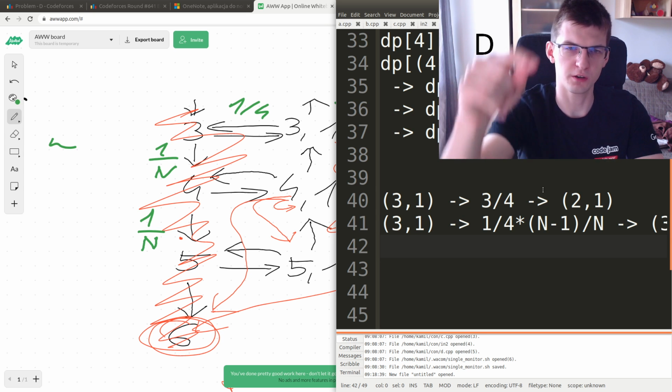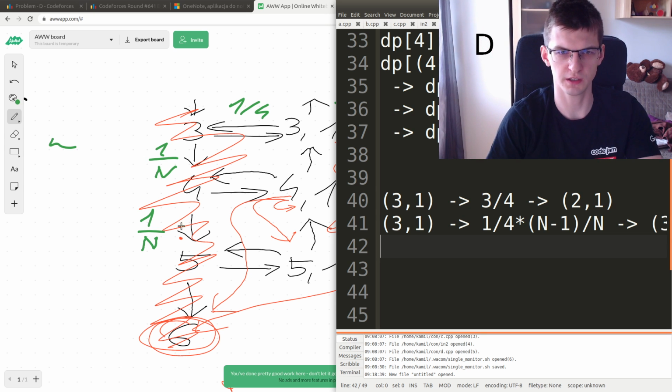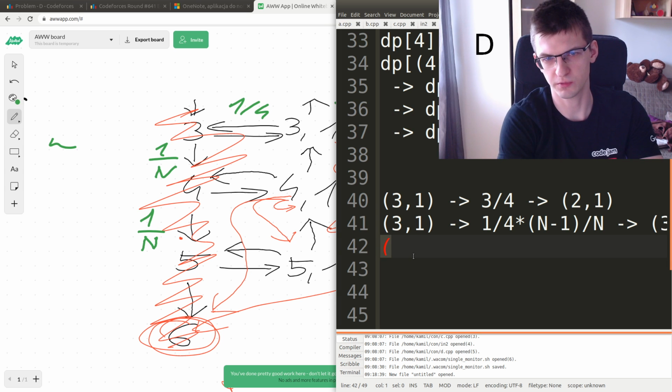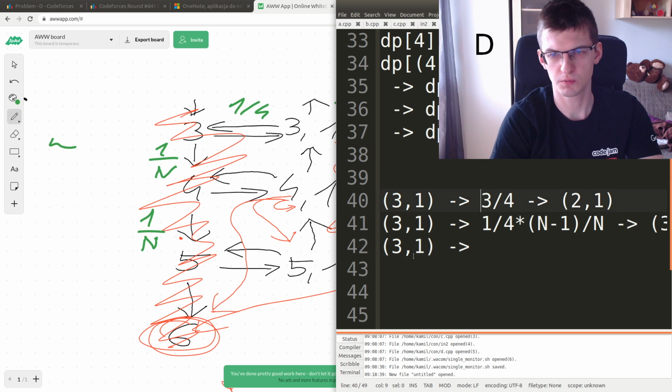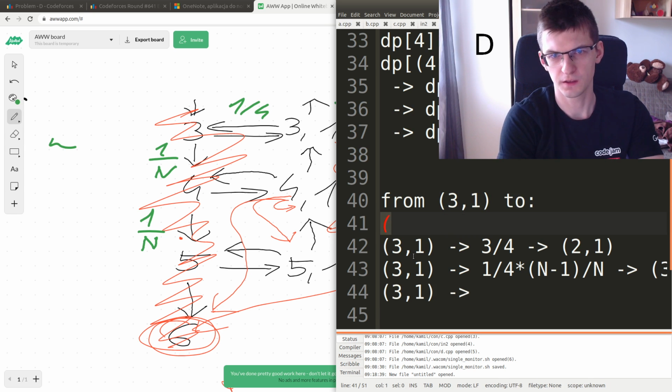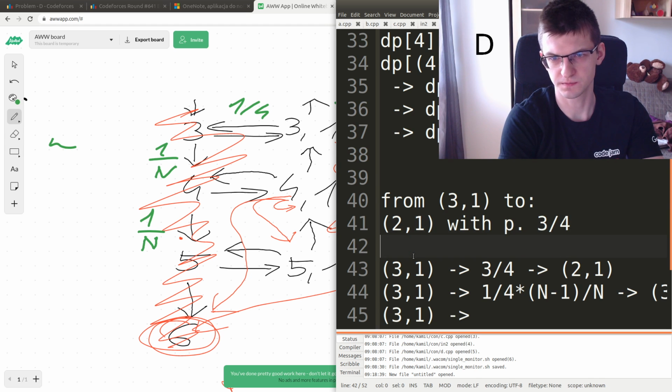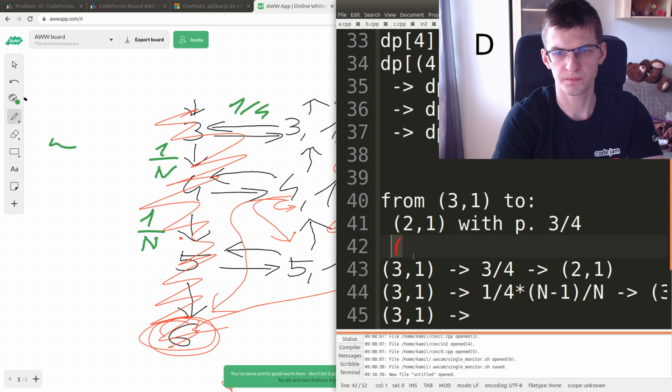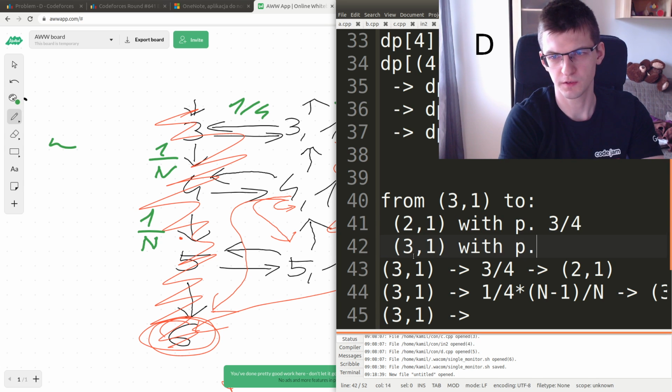Now we go down from 3 to 4, this 1/n, and then right immediately. That's a bad way to. From 3/1 to 2/1 with probability this. To 3/1 again with probability 1/4 times (n minus 1 minus n) divided by n.